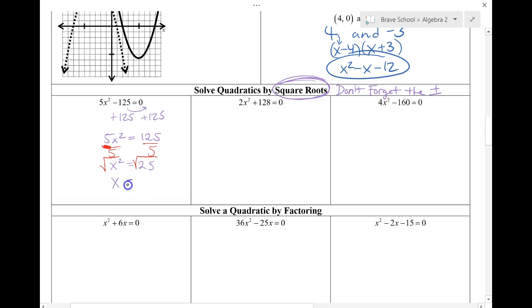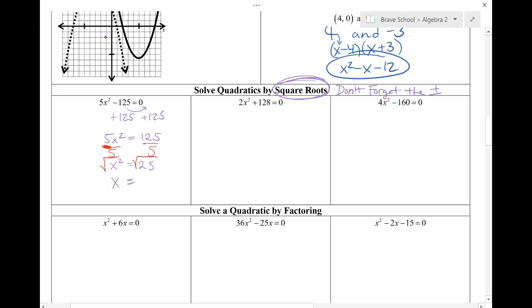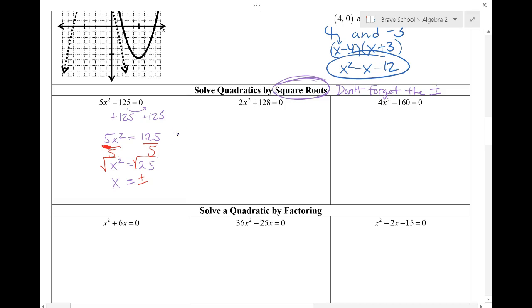And if you square root 25, that's 5. Now remember though, if you take the square root of something, you need to consider the plus minus, because you can have two solutions. So it's going to be x equals plus or minus 5, or you can say x equals 5 and negative 5. Okay, and there's your two solutions.